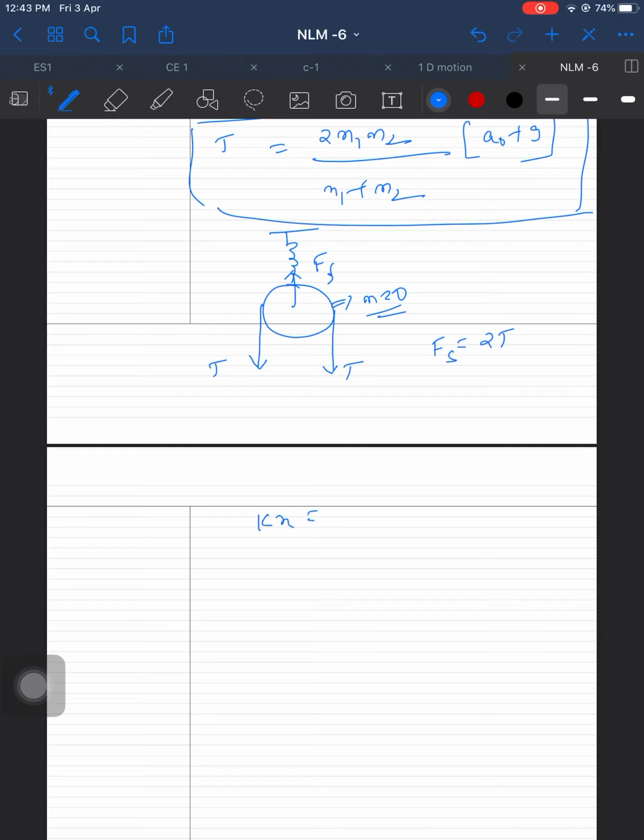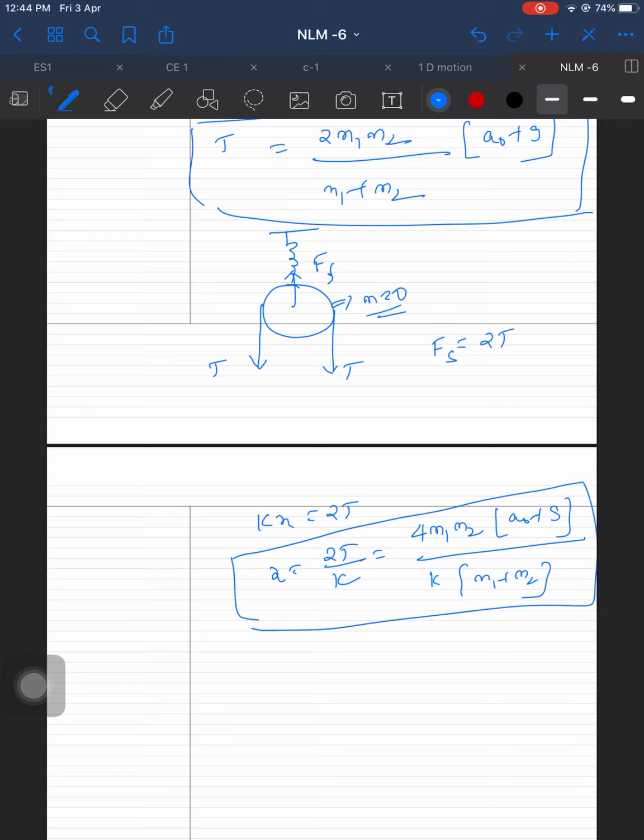Fs is equal to K into X is equal to 2T, X is equal to 2T over K. If you write it out, it is 4 M1 M2 into A naught plus G by K into M1 plus M2. This is the answer for this question.